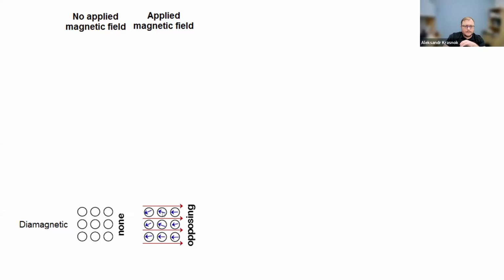So these magnetic dipoles are oriented in the opposite way to the applied magnetic field. We call these materials diamagnetic materials. This opposite orientation of the magnetic dipoles makes the magnetic polarizability negative, and the permeability mu less than mu zero.